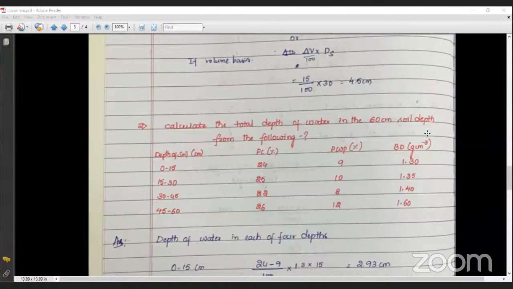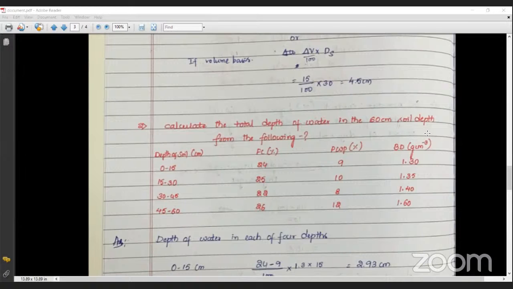Calculate the total depth of water in the 60 centimeter soil depth from the following. In the previous class, I explained what is meant by field capacity, permanent wilting point, bulk density, all those things. Field capacity, in general, is after 24 hours of irrigation, whatever water is removed by gravitational force, the moisture present that is available to the plants is at field capacity.